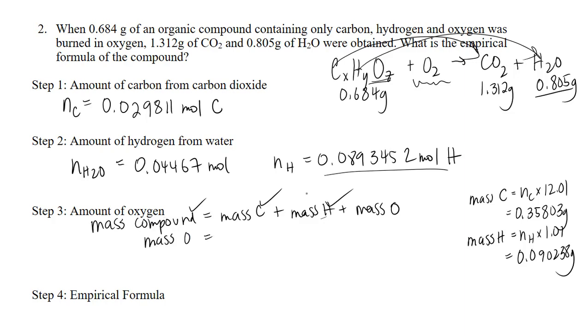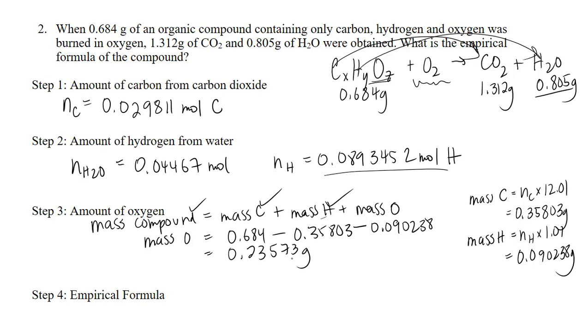So now I've got my mass of carbon, my mass of hydrogen, so my mass of oxygen is going to equal my mass of my compound minus my mass of carbon minus my mass of hydrogen, and so my mass of oxygen is 0.23573.